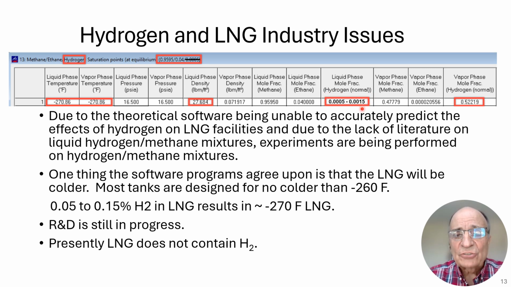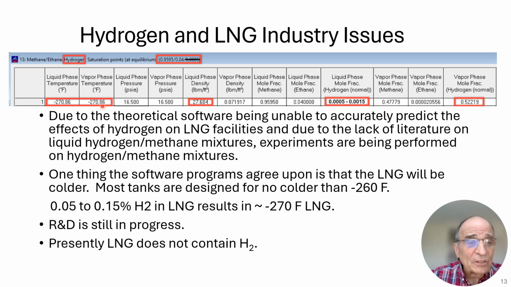And this is where the contradiction comes up. In both of these cases, we're showing 0.05 to 0.15% hydrogen in the liquid, talking 52% hydrogen in the boil-off gas. We're talking about a liquid density that has increased significantly, not because the hydrogen is heavier, but because the liquid has gotten so much colder that it contracts.